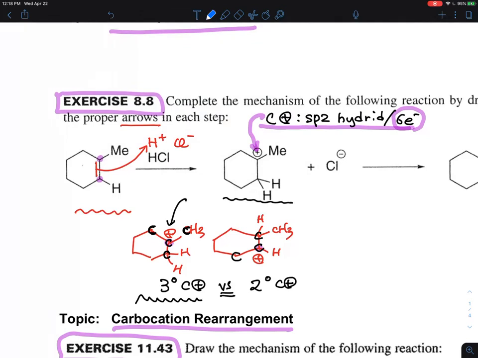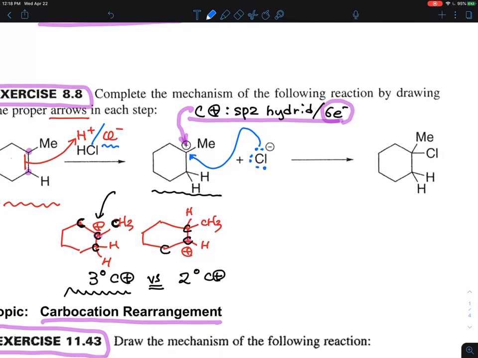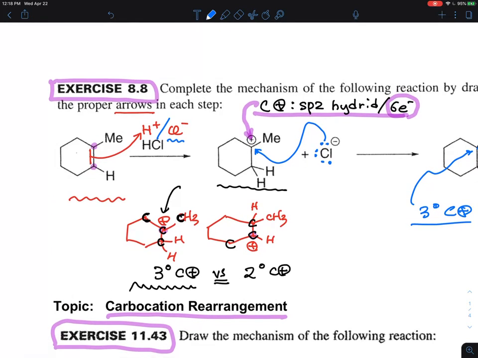If you look at what has happened after this dissociation, you're left with a chloride that would like to form a bond. So it goes here and forms the bond. This is a newly formed C-Cl bond at what used to be the tertiary carbocation position, which is preferred upon protonation.